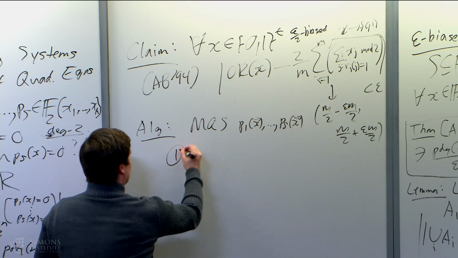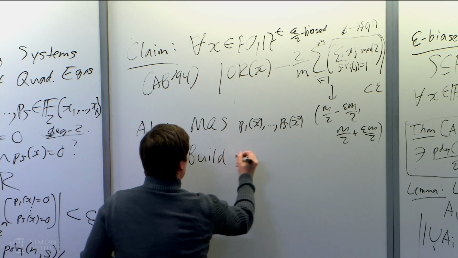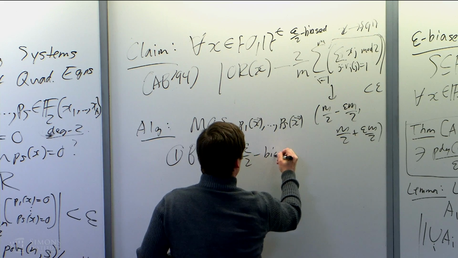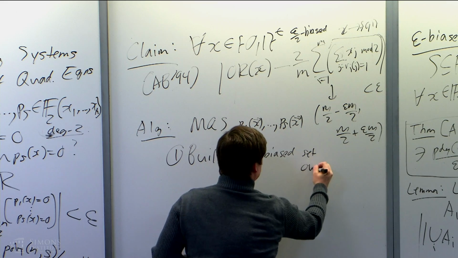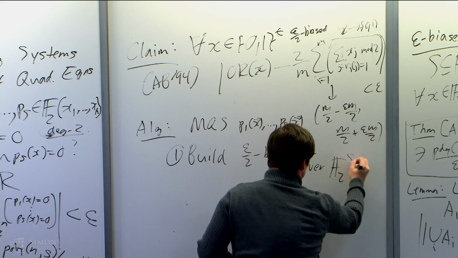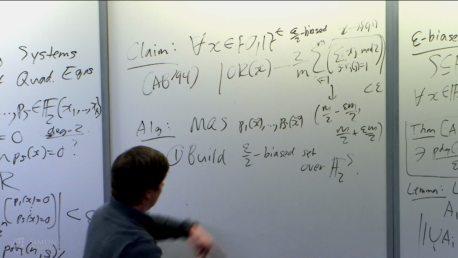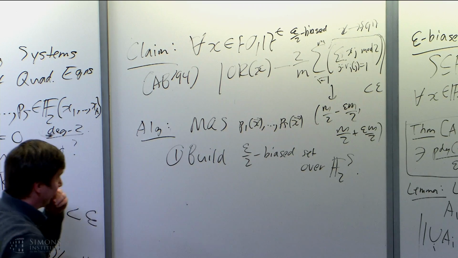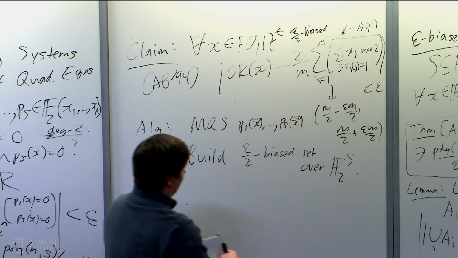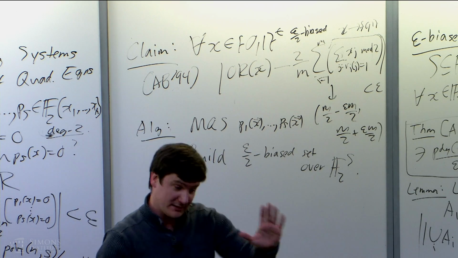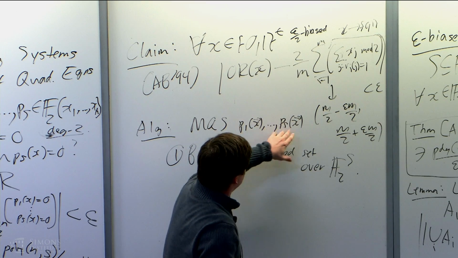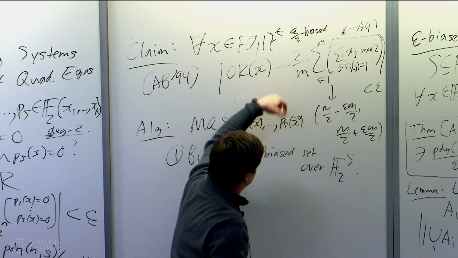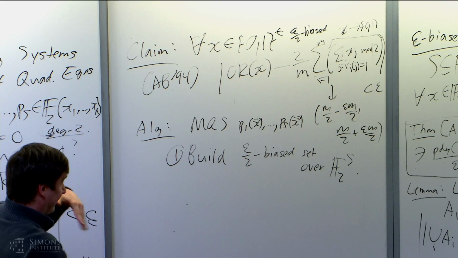The first thing you do is build these epsilon over 2 biased sets, but over F2 to the s, the number of the polynomials. This epsilon biased set will have a bunch of vectors in it, not too many, and these vectors determine which subsets of polynomials you will sum together and count their solutions to.